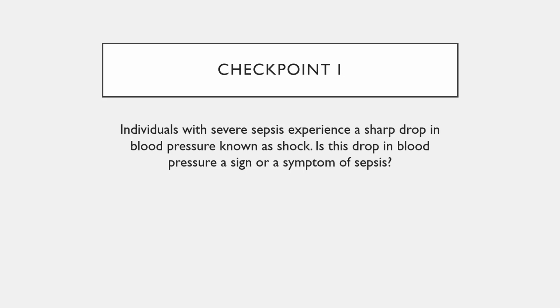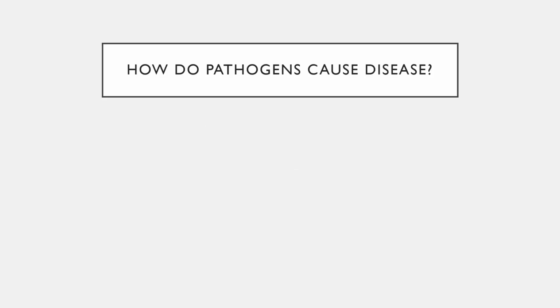So now that we've covered some basics about disease, we are going to move on to the bulk of this chapter 15 lecture, which is where we discuss how pathogens go about causing disease, or in other words, the microbial mechanisms of pathogenicity from the pathogen's perspective. There are a few different stages by which it causes the disease.